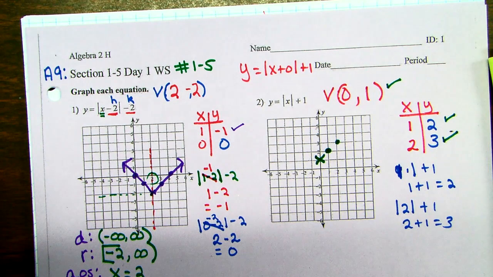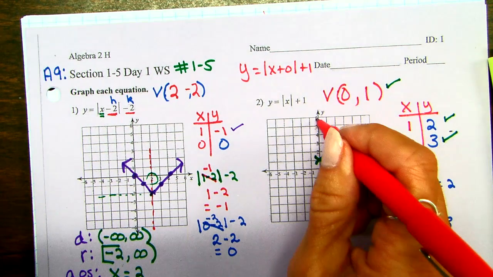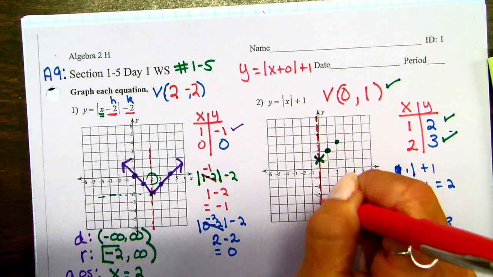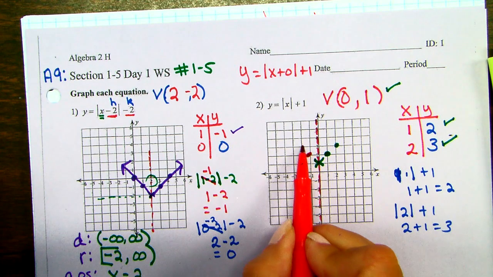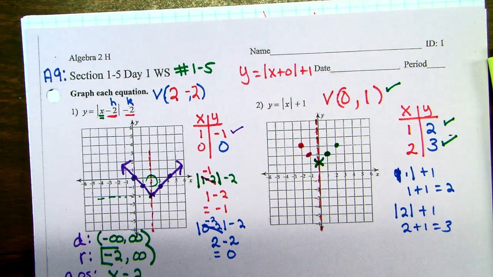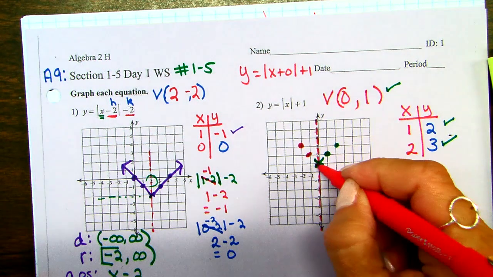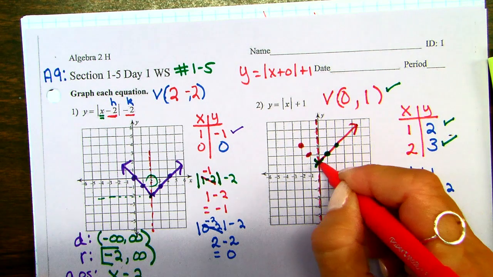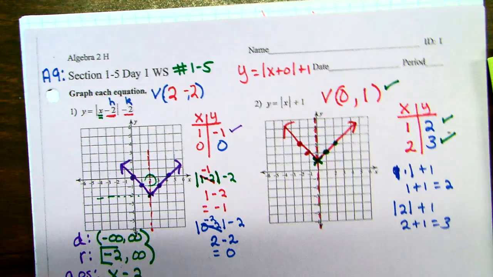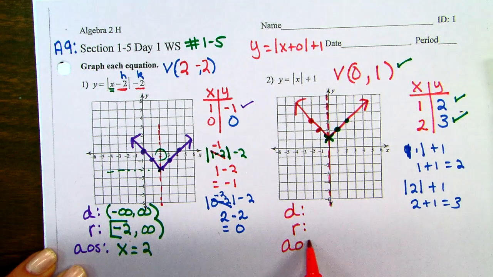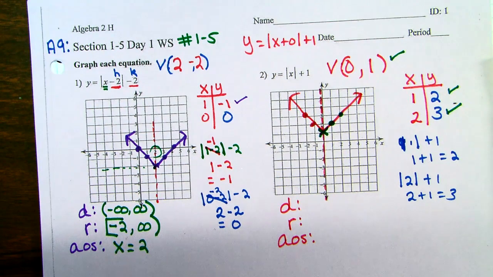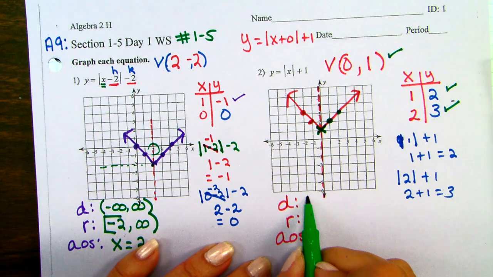We know there's an axis of symmetry that goes right through the vertex, which helps us graph the other side of our V. See if you can fill that in. Try it.